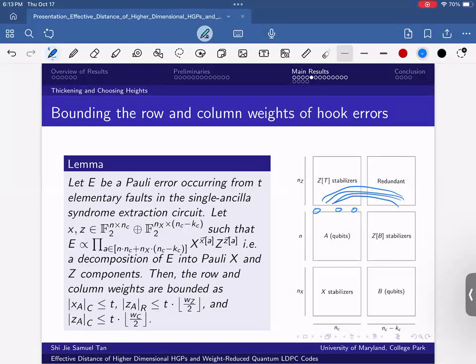So let's say these three blue circles are the classical codeword. And then let's say an X logical operator in the original quantum code has this shape. If you apply X on these 9 qubits, you have an X logical operator of the distance balanced code.